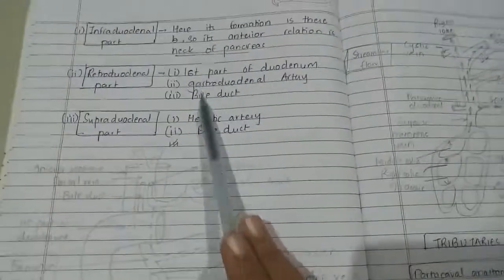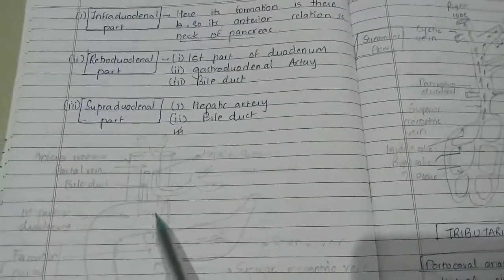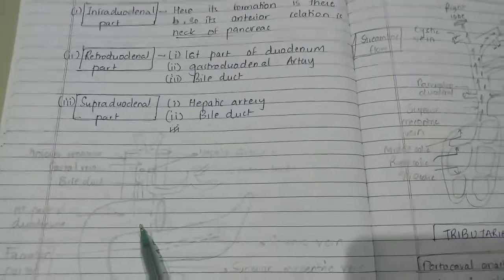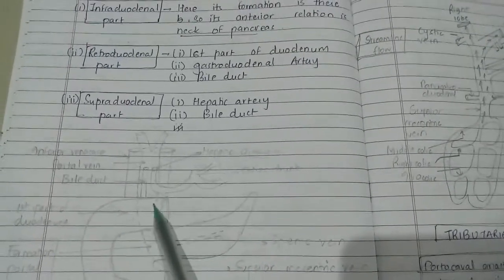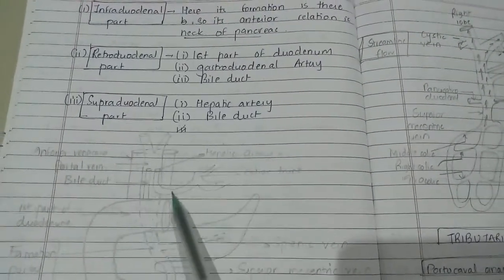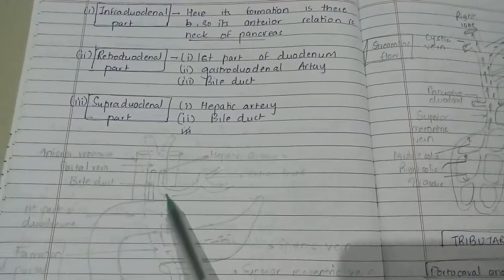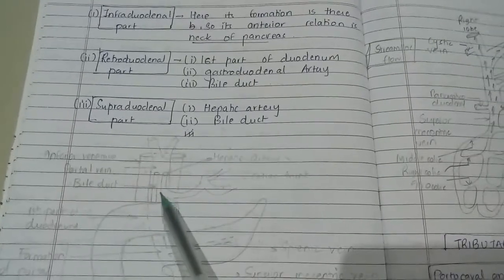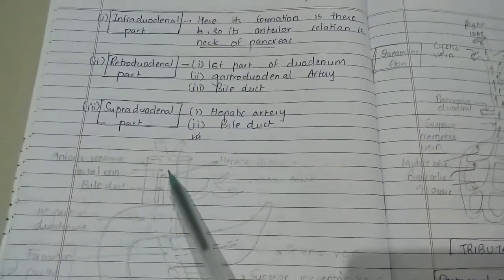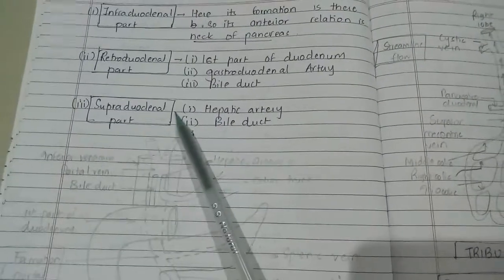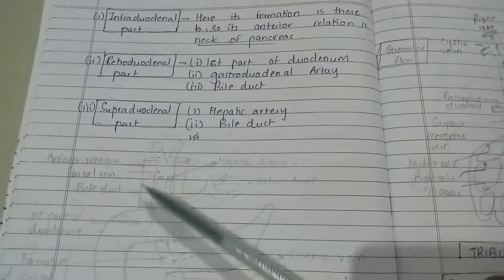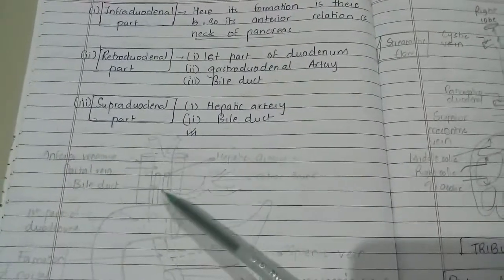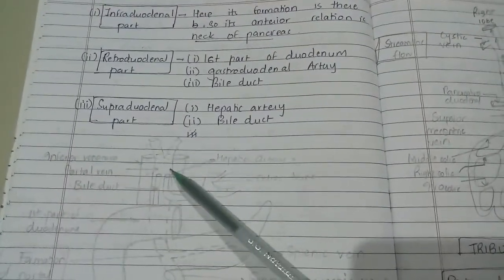So the anterior relations in the retroduodenal part are first part of duodenum, bile duct, and gastroduodenal artery, which is a branch of common hepatic artery. A branch comes here, which is gastroduodenal, and the hepatic artery goes up here. Simple. So the supraduodenal part is this part.